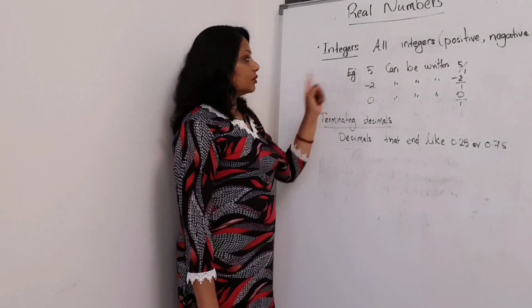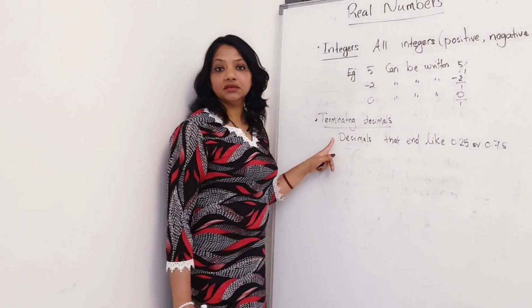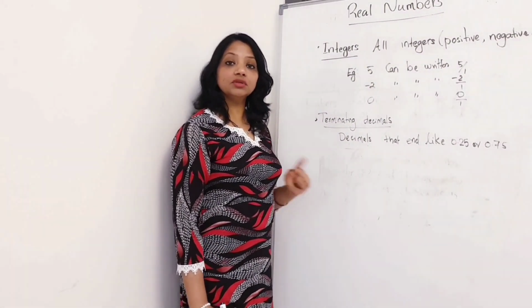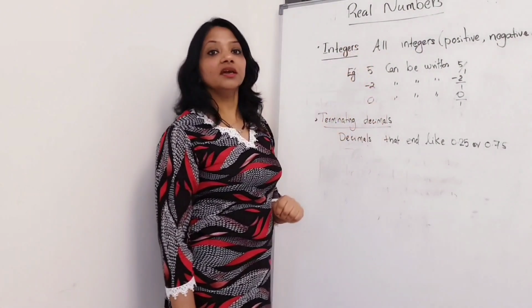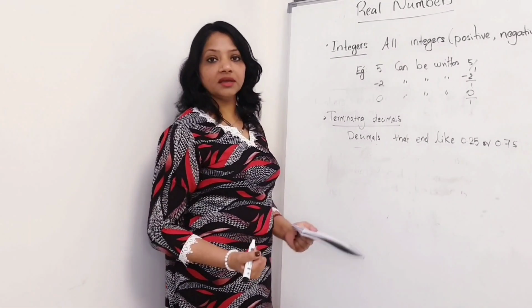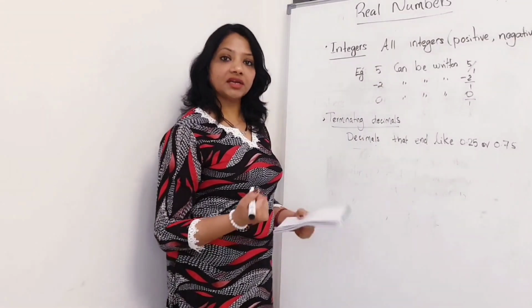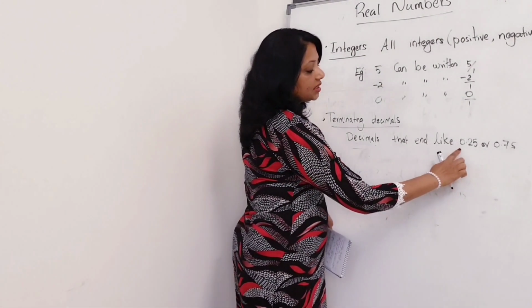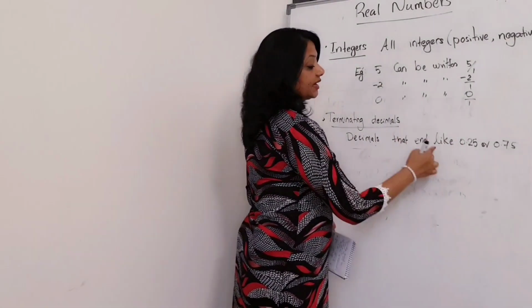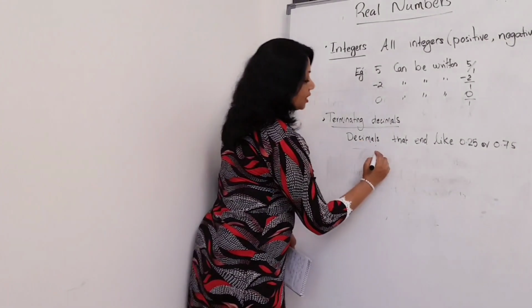The next example is terminating decimals. Terminating decimals are also rational numbers. Why do we say so? A decimal that ends, like 0.25.